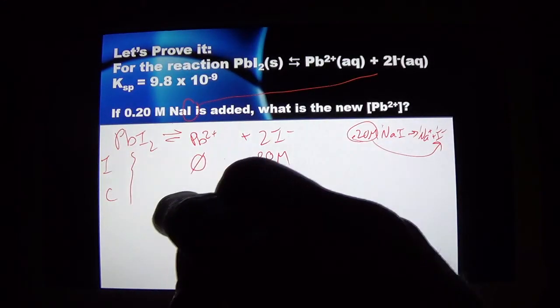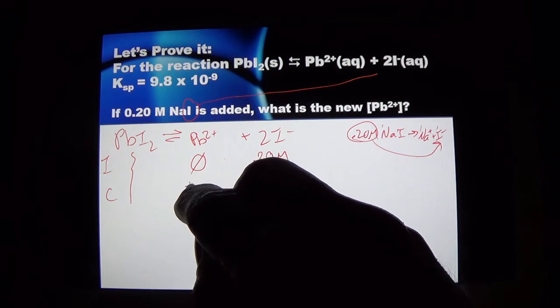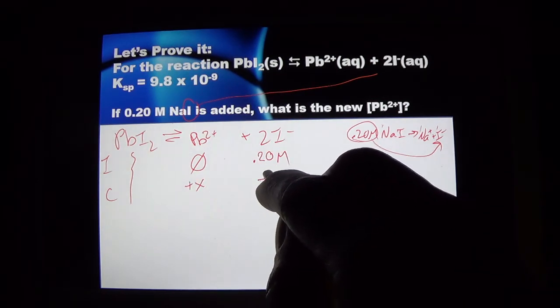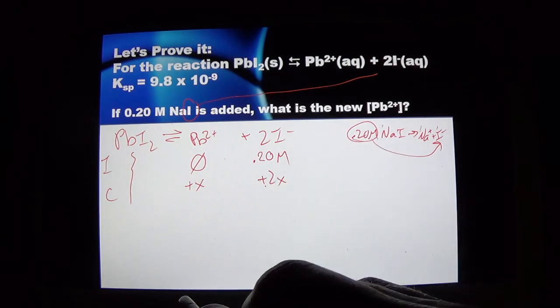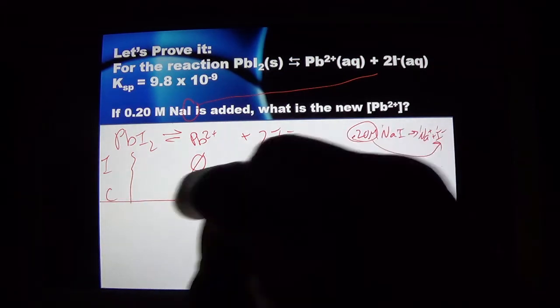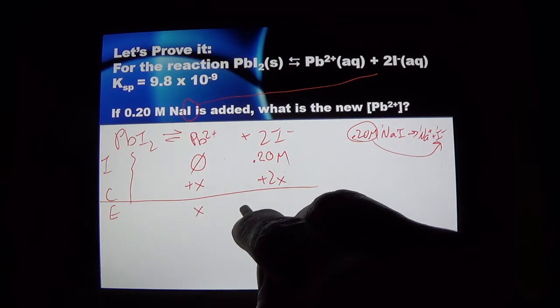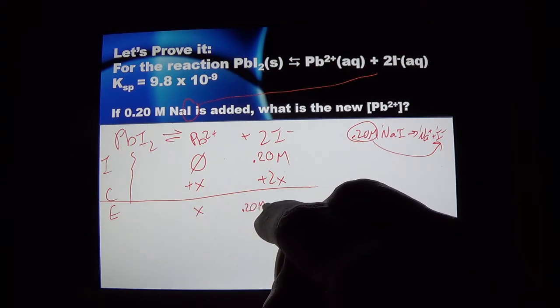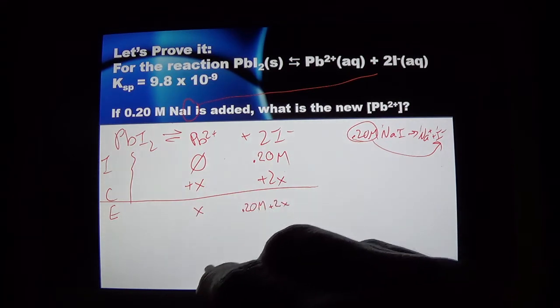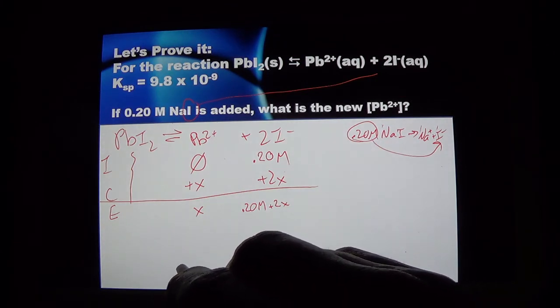Okay, so now for the change. I'm going to make some lead. I'm going to make 2 times that amount of iodide. So at equilibrium, I have x for lead, and I have 0.20 molarity plus 2x for the iodide ion.